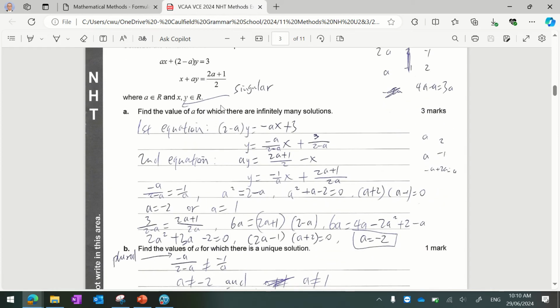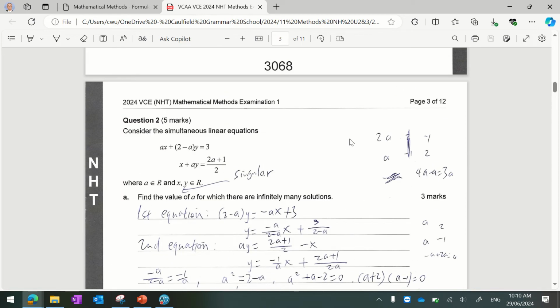First thing we do is rearrange both equations to make y the subject. So this is the first equation, that's the second equation, y being the subject. And if there are infinitely many solutions between them, it means the two lines are one and the same.